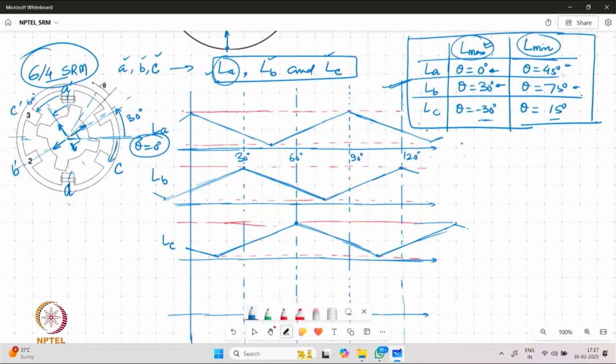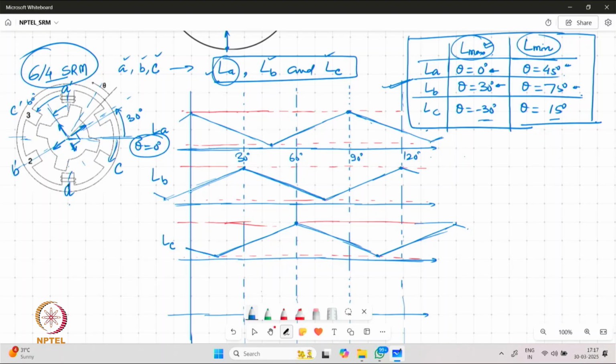The same is drawn over here. We have LA going from maximum to minimum from 0 degree to 45 degree, and then rising again to maximum value at 90 degree, and so on. Similarly, LB, which is at some middle value at theta 0, is aligned at 30 degree and then completely unaligned at 75 degree, and so on.